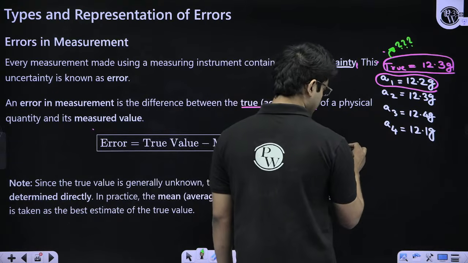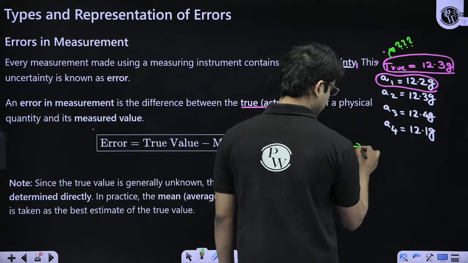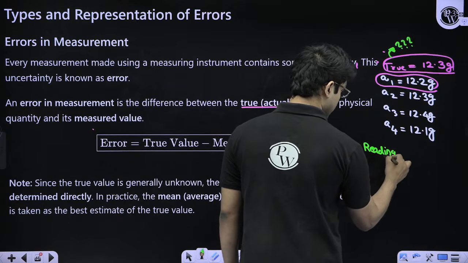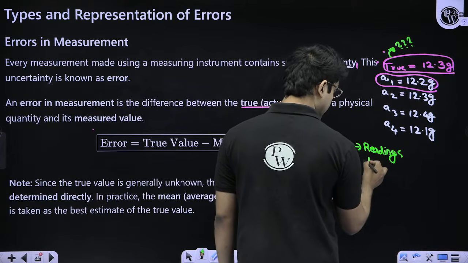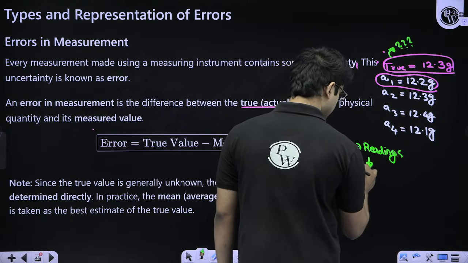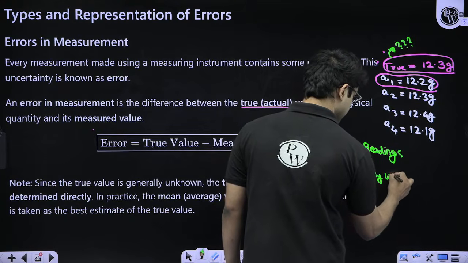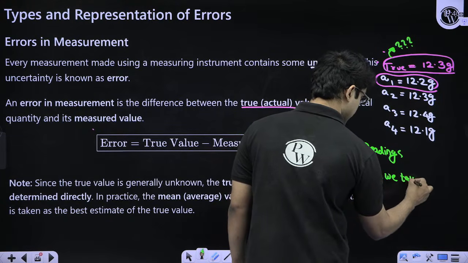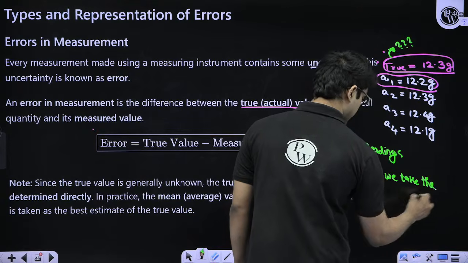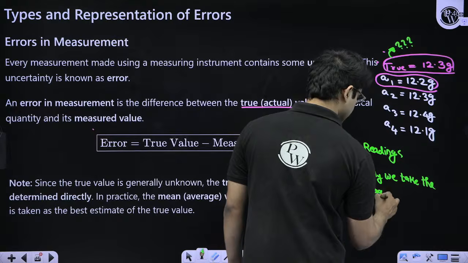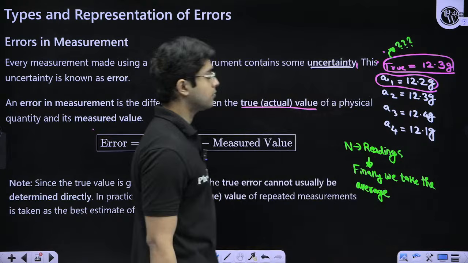Let's say we took n readings of the weight. Take n readings and finally take the average, and this average we consider as the true value.